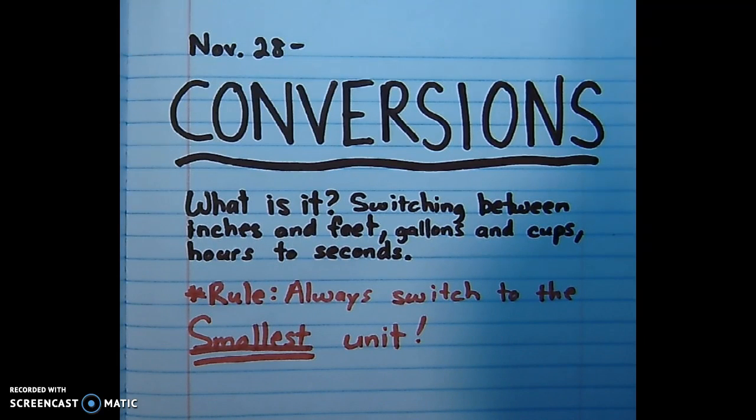So let me ask you, smallest unit. If I say gallons or cups, which one is smaller? Cups. What about hours or seconds? Which one is smaller? Seconds. Seconds. Okay. How about yards or inches? Which one? Okay. So always try and switch to the smallest unit.